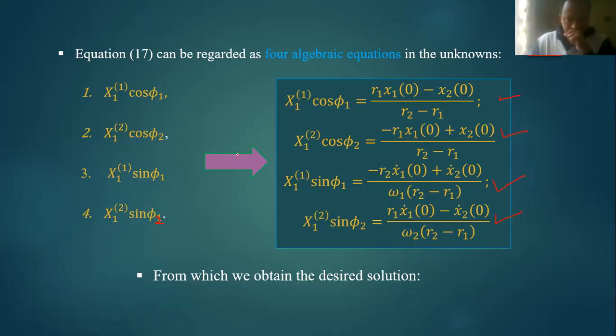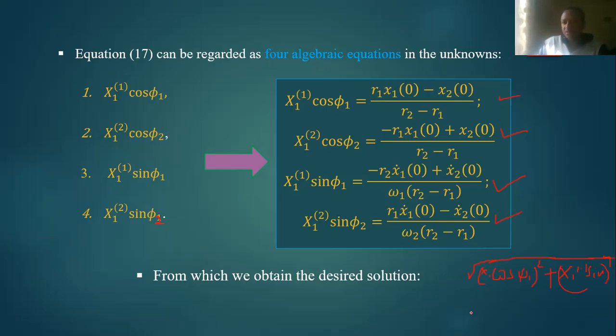Because the radical of (x1 of 1 cos phi 1) squared plus (x1 of 1 sin phi 1) squared gives us obviously x1 of 1.